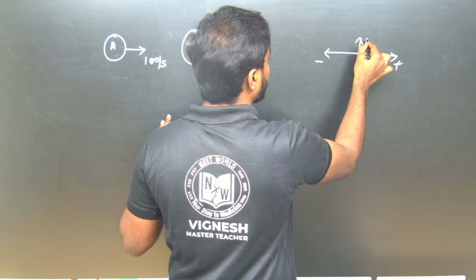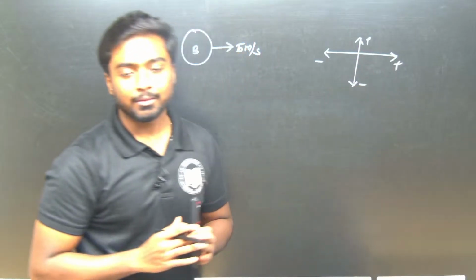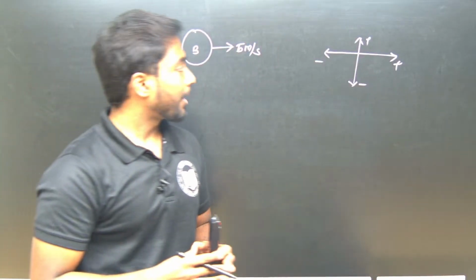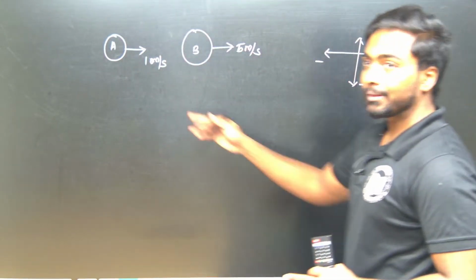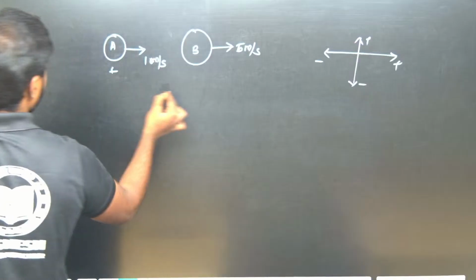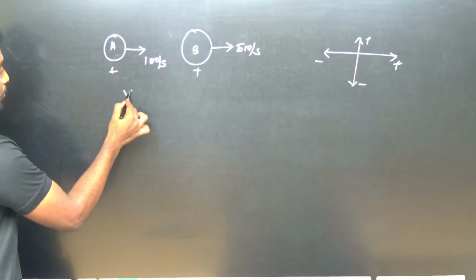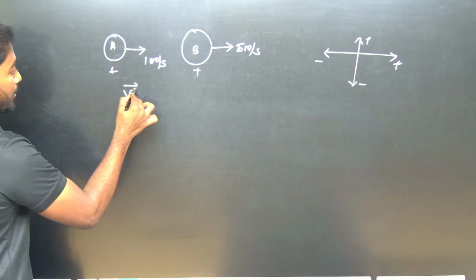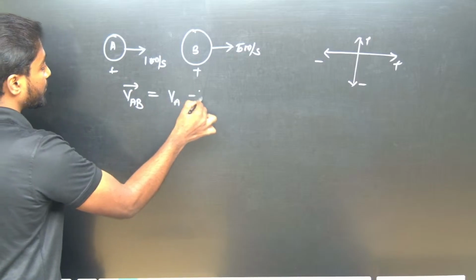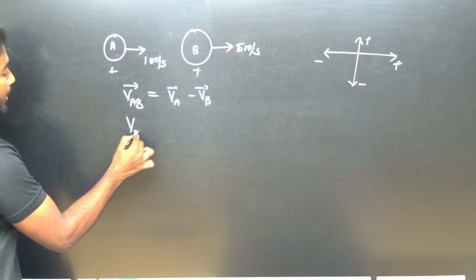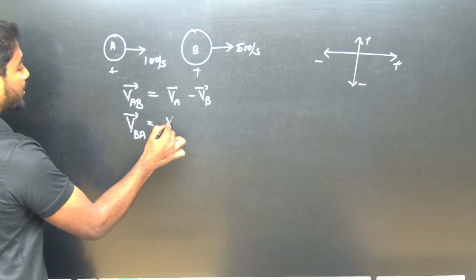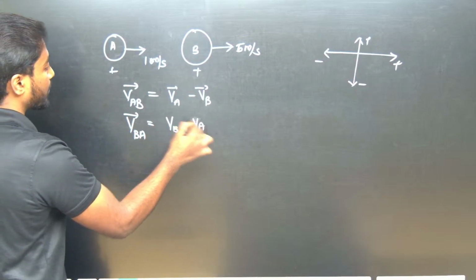The axis directions only we will consider here also. So both are in the positive direction. So VAB is nothing but VA minus VB, and VBA is nothing but VB minus VA.